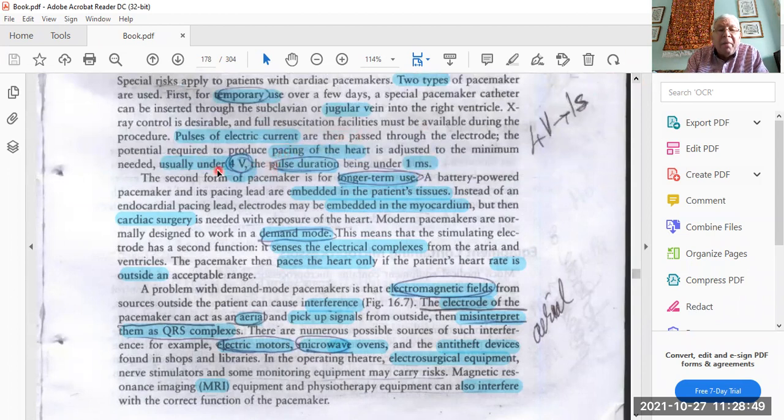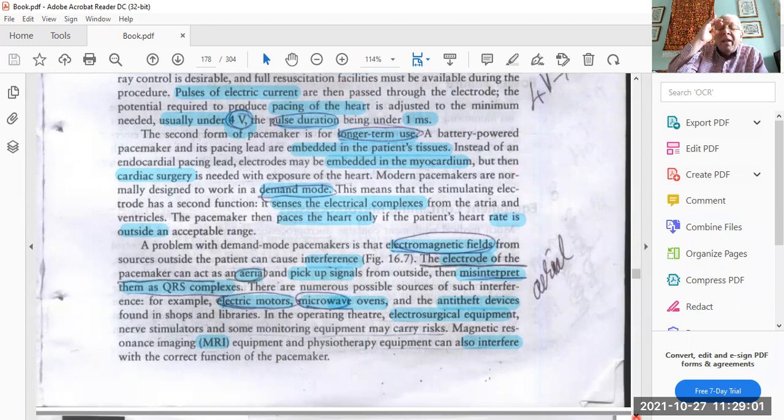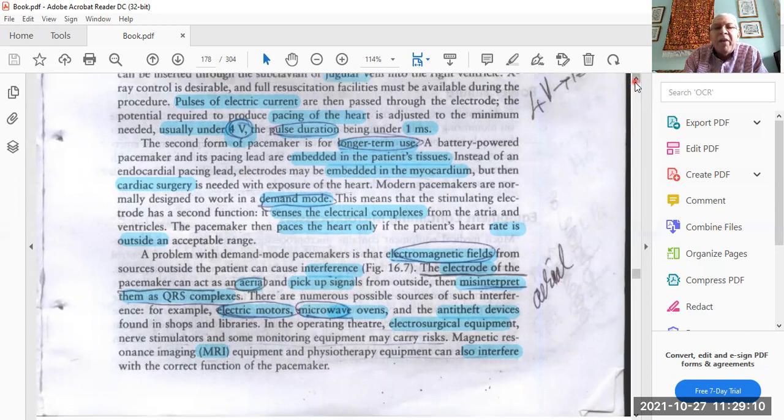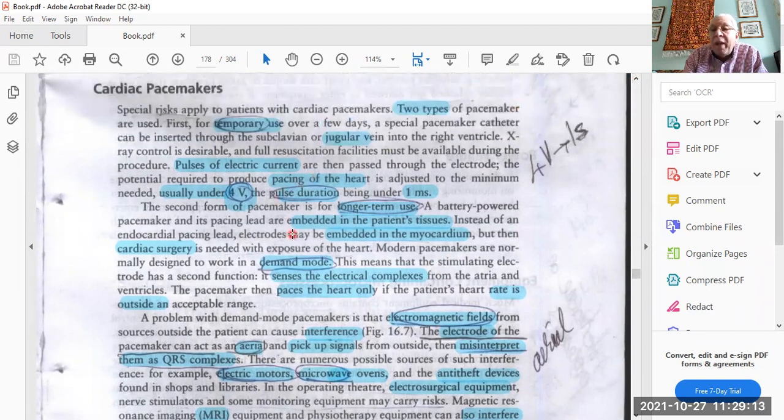Of course, the apparatus works at around 4 volt, and the duration of the pacing impulse is around 1 millisecond. The apparatus which may interfere with the pacemaker is, of course, the microwaves, as we can see. These are equipment that may release electromagnetic waves, which deceive the pacemaker, so that the pacemaker will think that it is coming from the heart, so they stop.